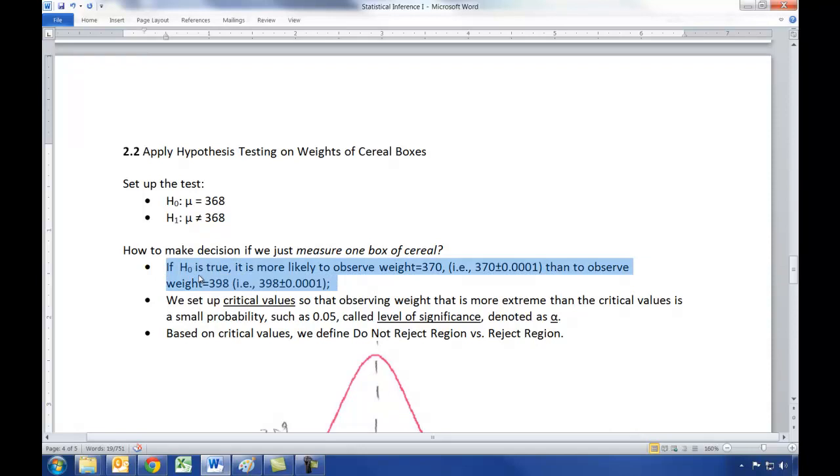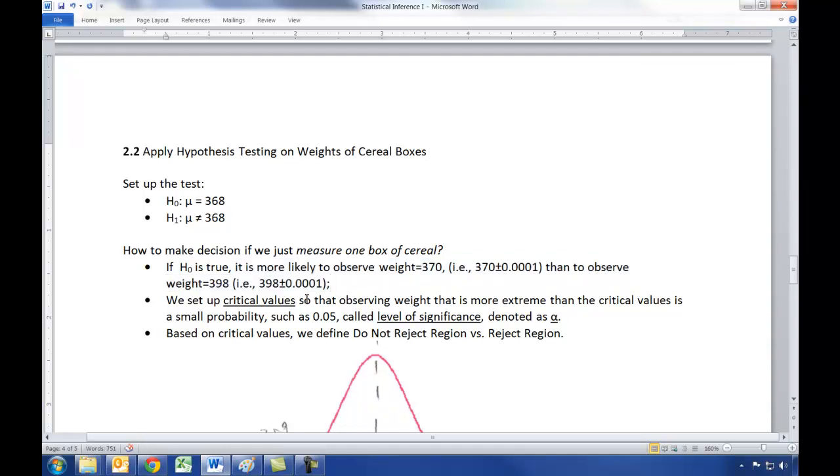Here, if the null hypothesis is true, meaning mu is indeed equal to 368, it's more likely to observe a box of cereal weighing 370 grams, i.e., a small interval around 370 grams, than to observe a box weighing 398 grams, i.e., a small interval around 398 grams.